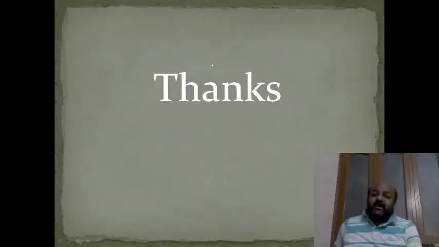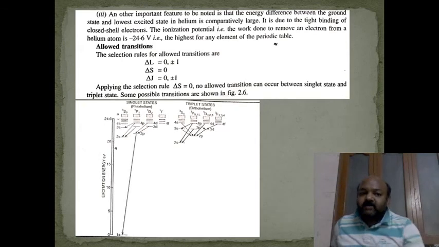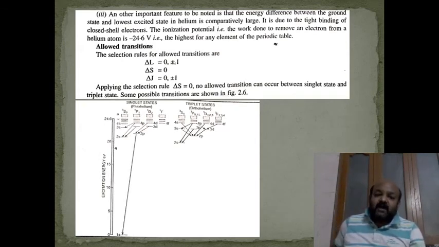As we know, various selection rules have been studied in one of my previous lectures: delta L equal to 0, plus or minus 1; delta S equal to 0; and delta J equal to 0, plus or minus 1.